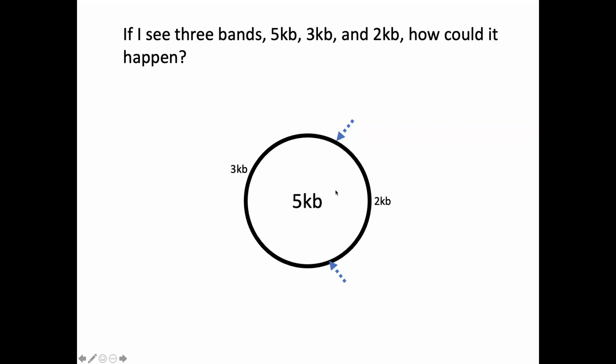And then why do you still have 5 kb left there? If it's cutting completely, this 5 kb band won't be there anymore. You only see 3 kb and 2 kb fragments. Now, this tells you that this 5 kb is coming from incomplete cutting, okay? So that's how it happened.